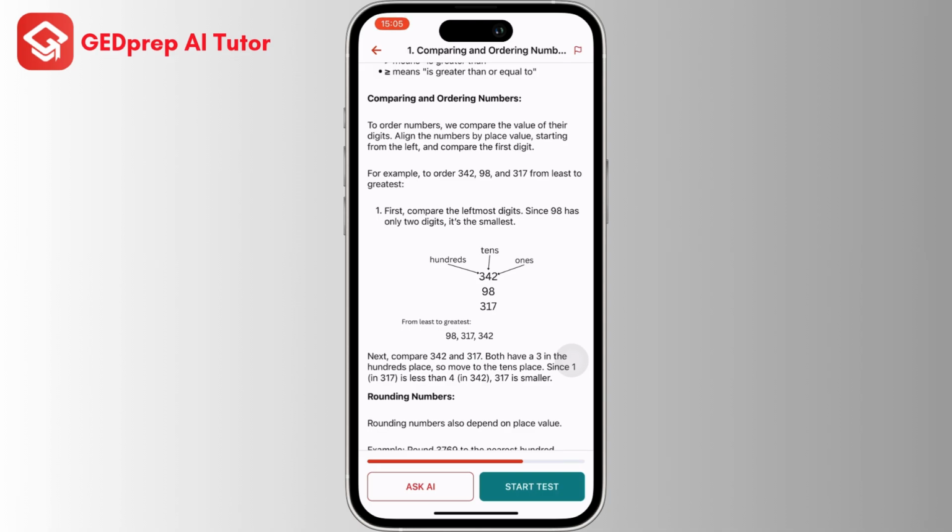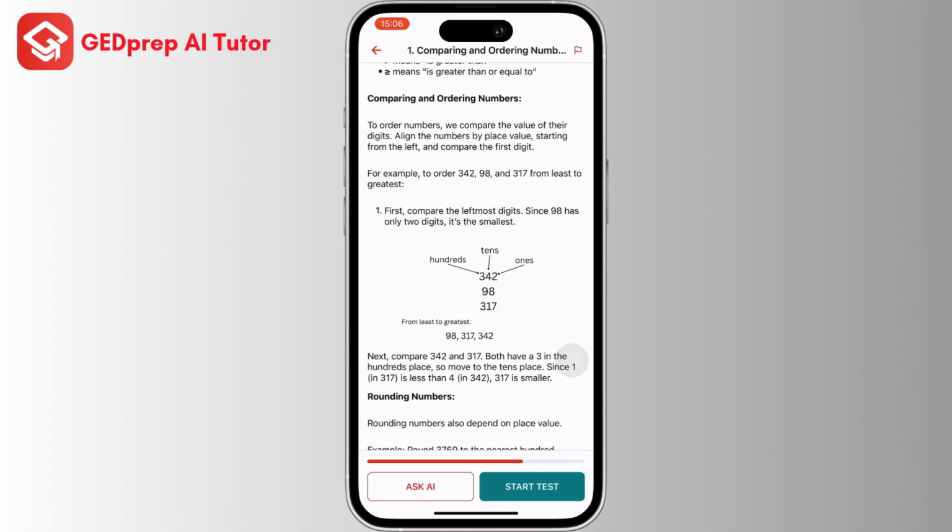Since 1 is less than 4, that means 317 is smaller than 342. So the correct order from least to greatest is 98, then 317, then 342. This is how you use place value to compare numbers accurately, by checking one digit at a time, starting from the left.